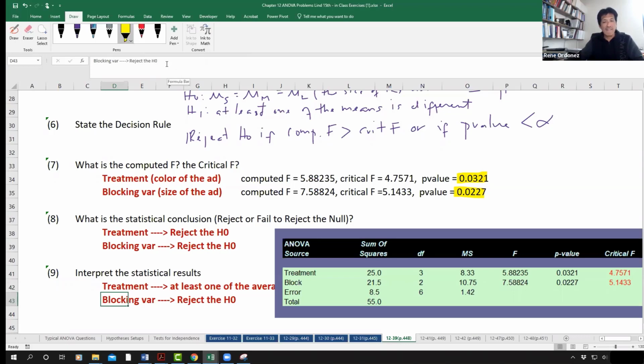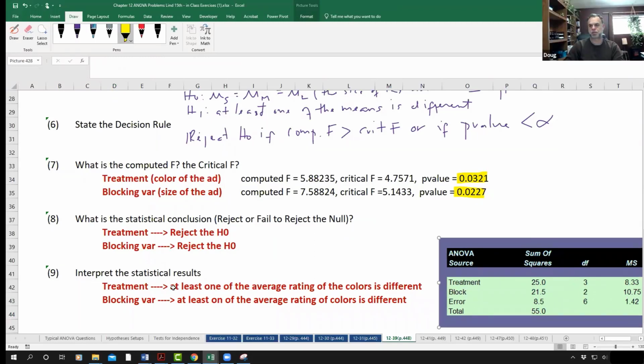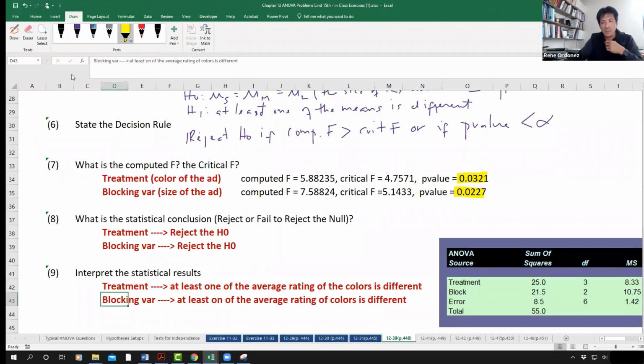And then for the blocking variable, we will say that at least one of the average ratings of sizes is different. Did you mean add size on that second one for the blocking? What did I say? Oh, thank you. Size. Thank you.